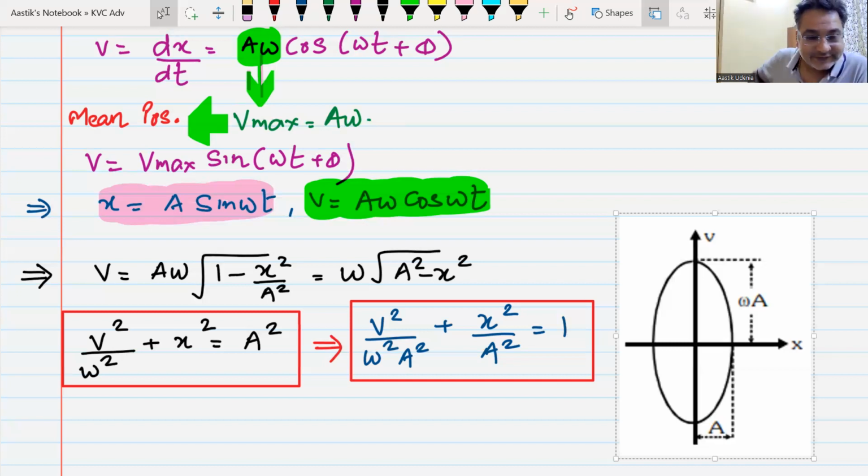Parabola, y square equals to x. Who has got eccentricity equal to 1? Parabola, sir. That is correct, sir. Parabola has got eccentricity 1. Who has got eccentricity 0?